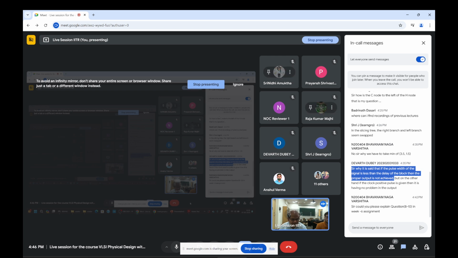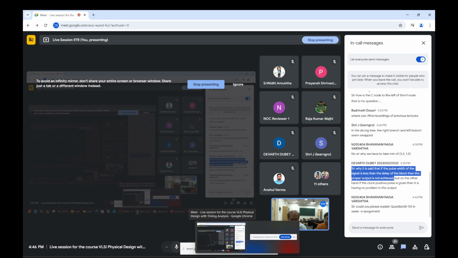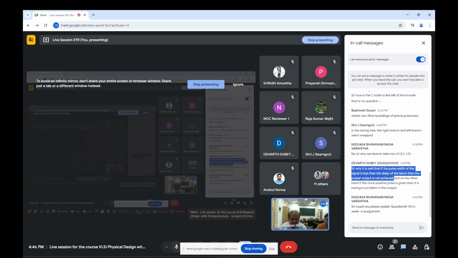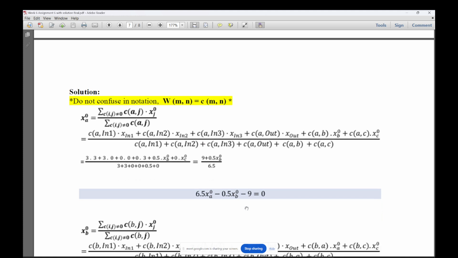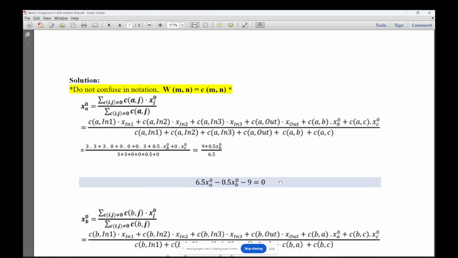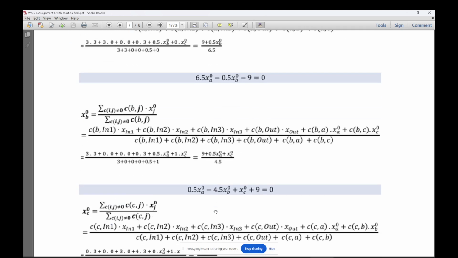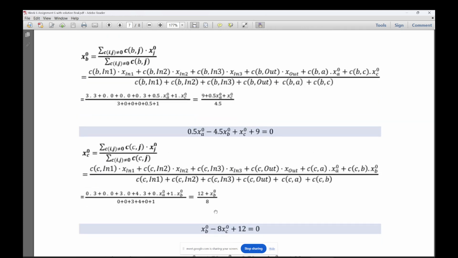Questions 8 to 10, no? ZFT position of each gate. Correct, you have to solve. I think you have a system of linear equations, no? Three equations and three unknowns.